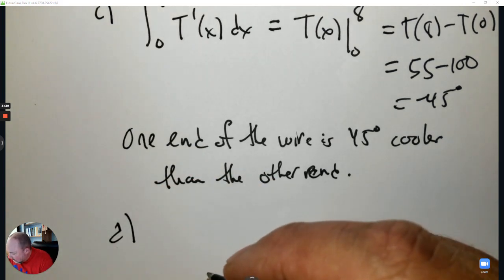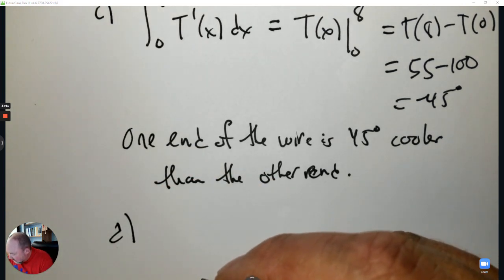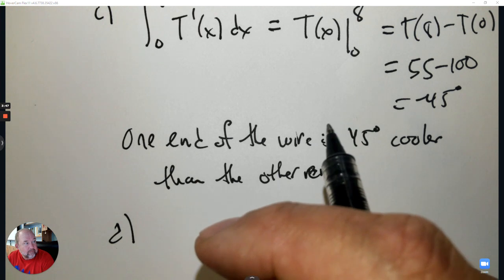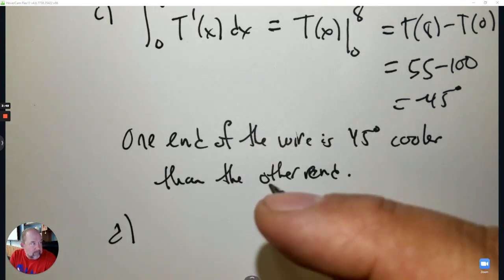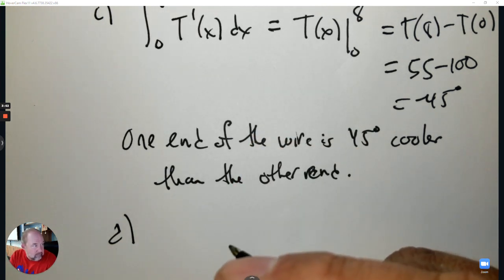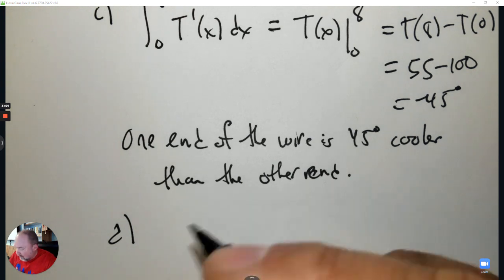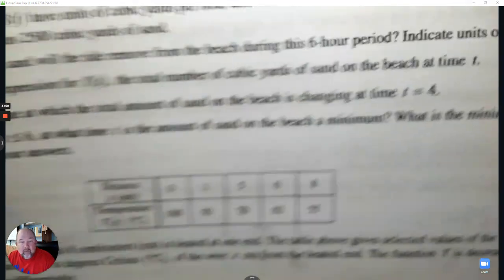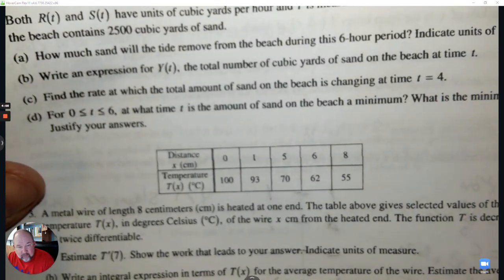Are the data in the table consistent with the assertion that the second derivative is always greater than 0 from 0 to 8? So I want to know, if I look at the table, are the slopes always increasing? That's what it's saying.